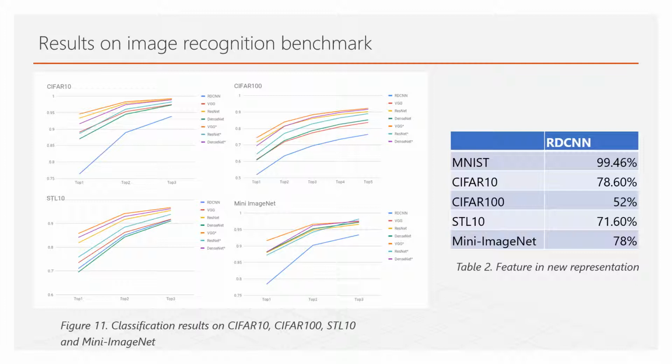This figure shows the results of our network compared to some famous CNN architectures like VGG16, ResNet, and DenseNet on some benchmarks. After we generate 100,000 features, we train a linear SVM on it. These benchmarks include STL10, CIFAR10, CIFAR100, and Mini ImageNet. ImageNet contains 1,000 classes.